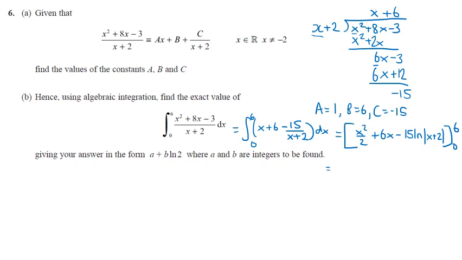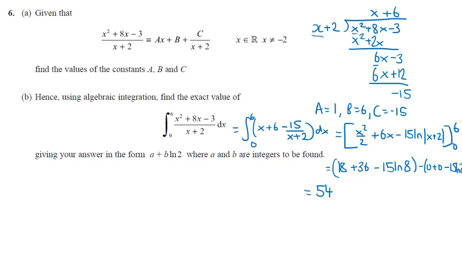Put in the values, so if I put 6 in, 6 squared over 2 is 18, 6 times 6 is 36, minus 15 log 8, that's the upper limit. The lower limit, I'm going to have 0 plus 0, and then minus 15 log 2. So 18 and 36 makes 54.